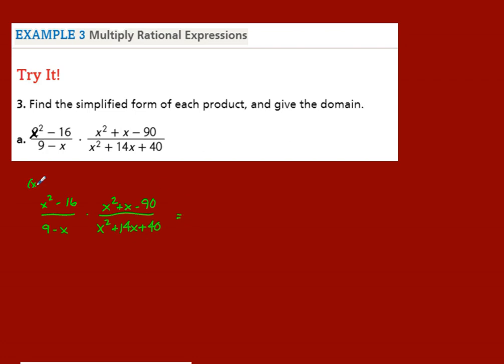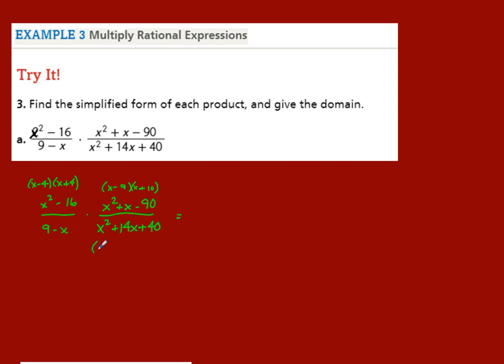This one becomes x minus 4, x plus 4. This one will become x and x, and it'll become 9 and 10, and it'll be plus 10 minus 9.